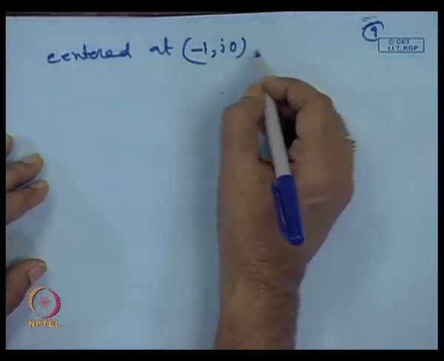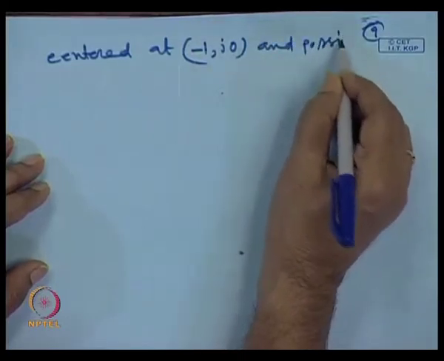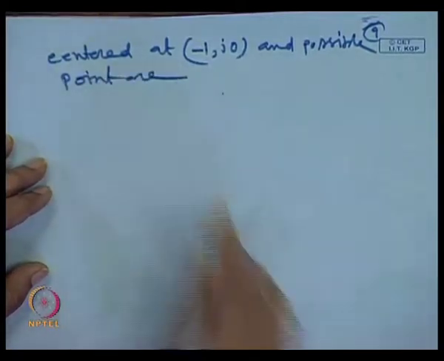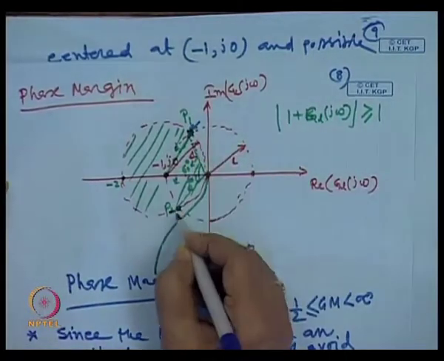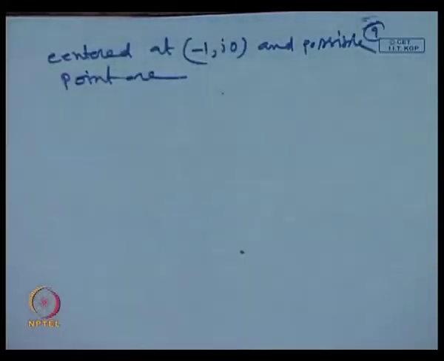So, our possible points are the ones that we have shown: P1 and P2. These are the two possible points.